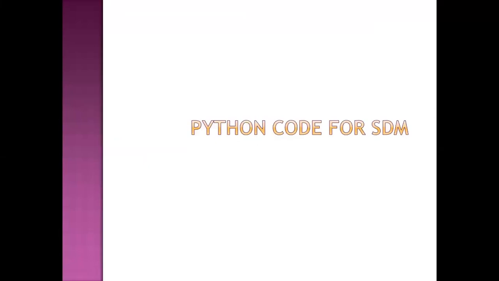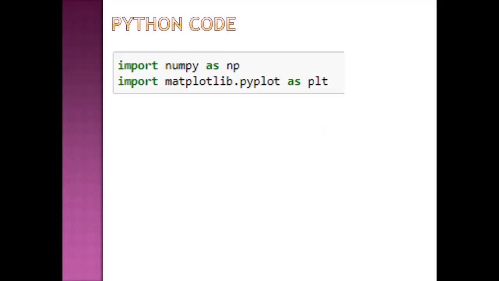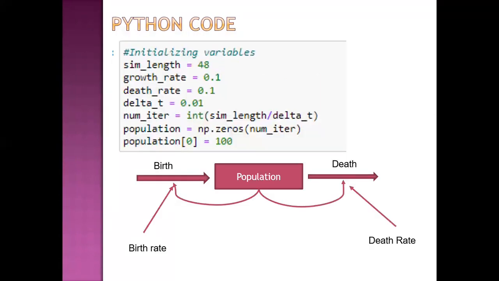So now let us see an example in Python code of a system dynamic model. There are these basic libraries, one is NumPy and the other is Matplotlib for graphical output. So we import these two libraries. Then we initialize the variables. The simulation length we set as 48, the birth rate is 0.1, and the death rate is 0.1.